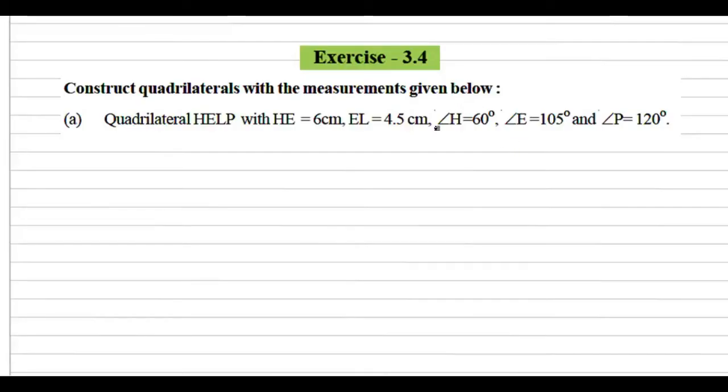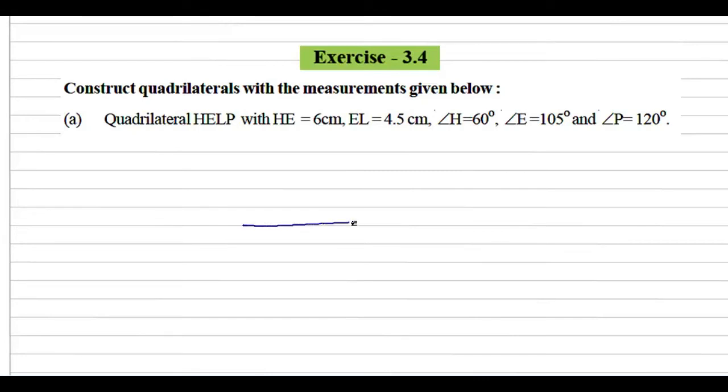Here we have question number A in exercise 3.4. We are constructing the quadrilateral HELP with HE 6 cm, EL 4.5 cm, angle H 60 degrees, angle E 105 degrees and angle P 120 degrees. Actually here we have only two angles, but we require three angles.